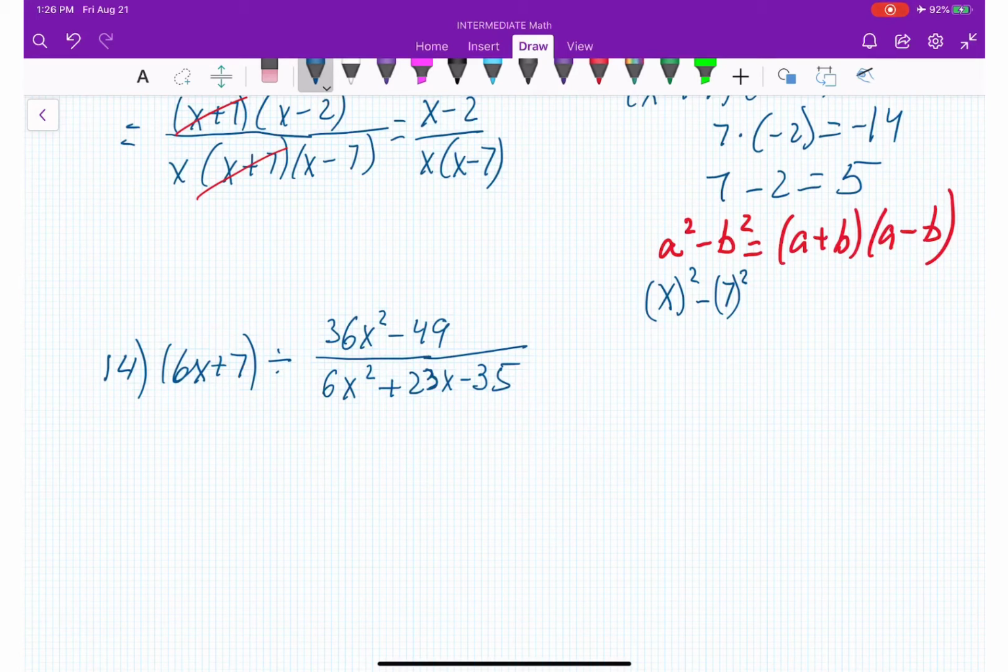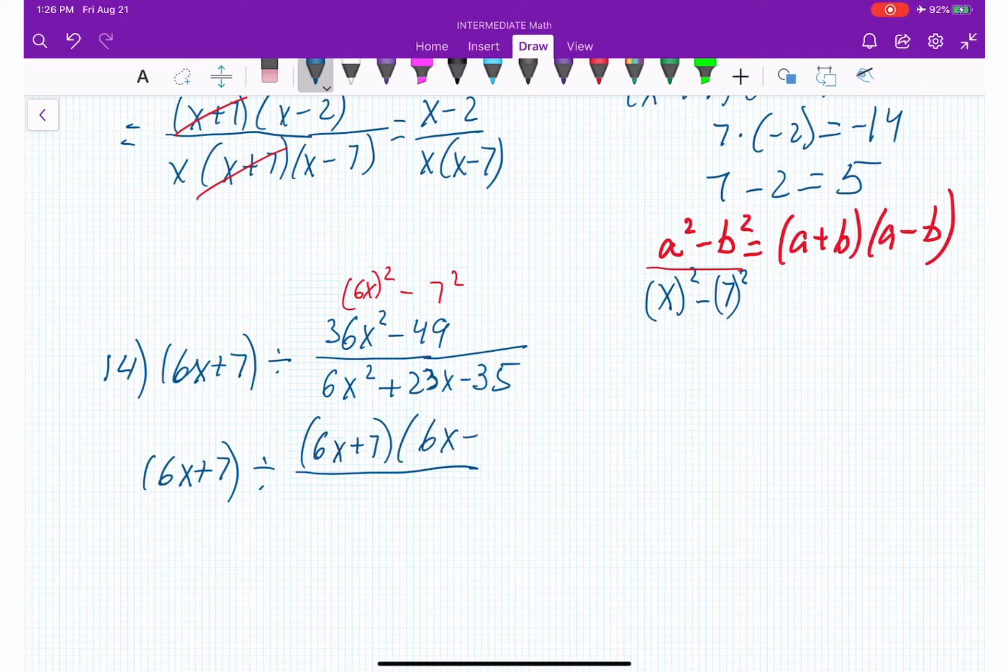Okay, so how much are we going to get here? First of all, 36x squared minus 49. I can write down 6x squared, right? Minus 7 squared. And that will be the a squared minus b squared formula. So that will be 6x plus 7, 6x minus 7.